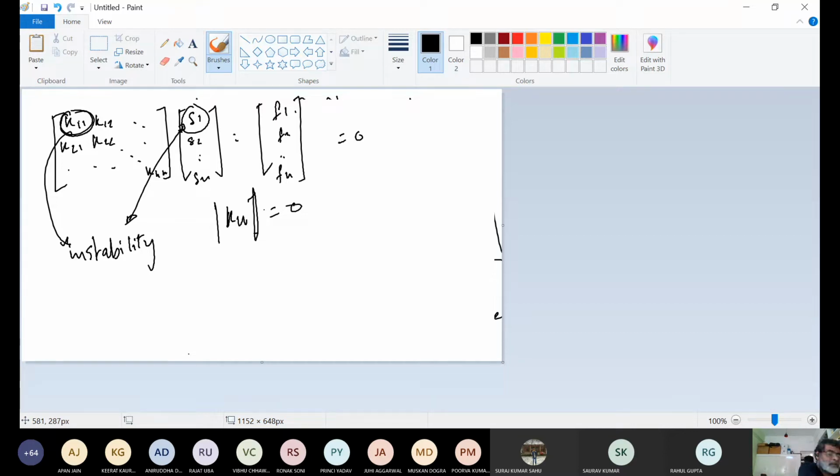Is this making sense? Yes, sir. Now, if any of your diagonal terms end up becoming 0, your matrix determinant will become 0. Is this also cool? Okay. So supposing you have a matrix which is 2, 1, 1, 0.